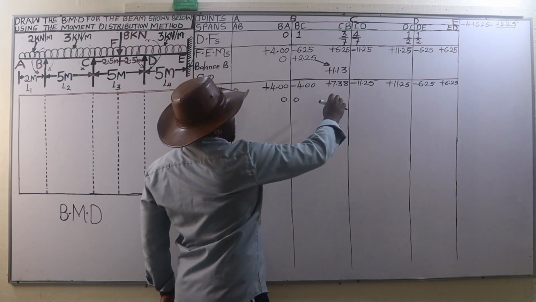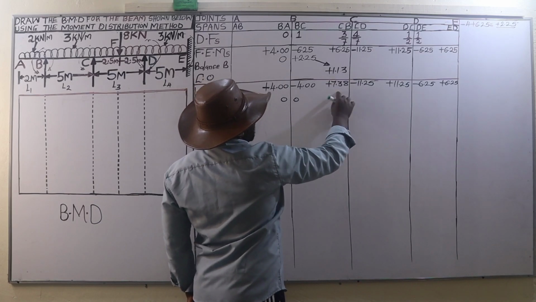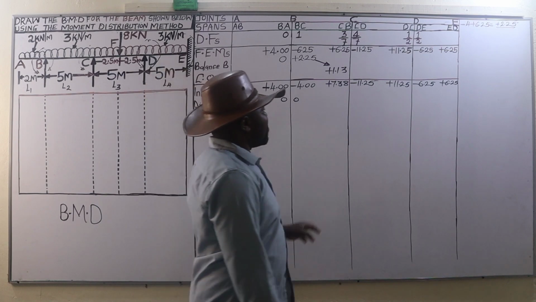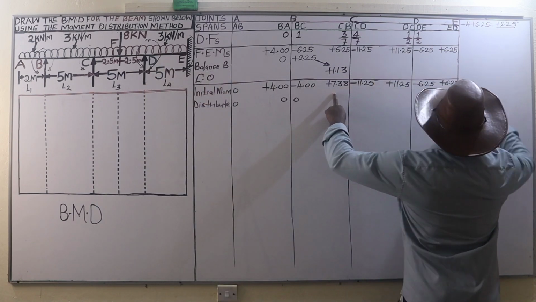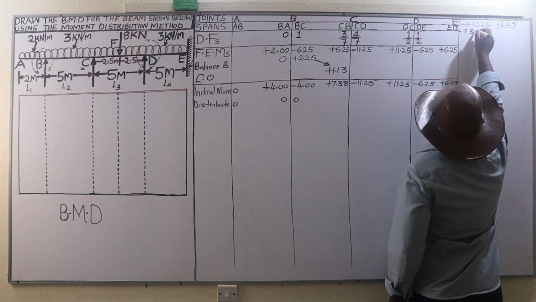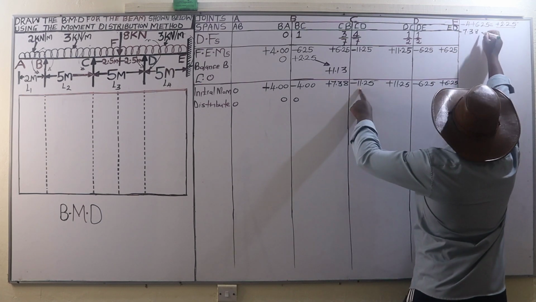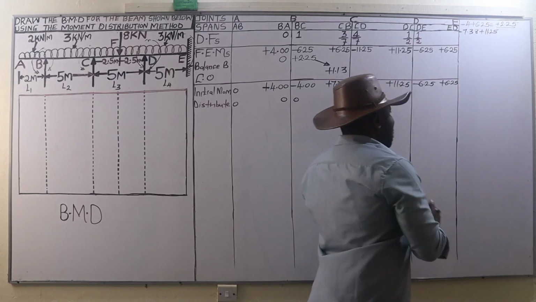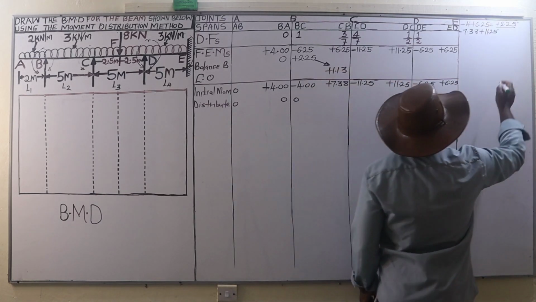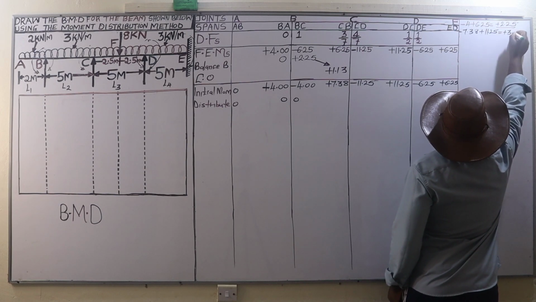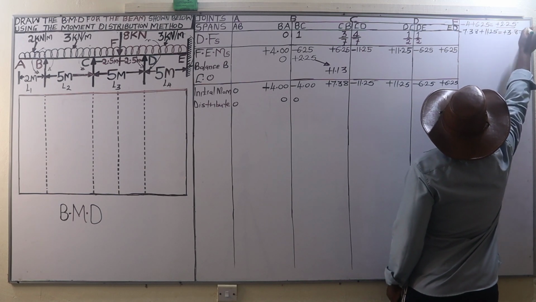Now, for the joint C, the moment is unbalanced. So we have an excess moment; we change signs, so this is going to be negative 7.38 plus 11.25, and that's going to give us positive 3.87.